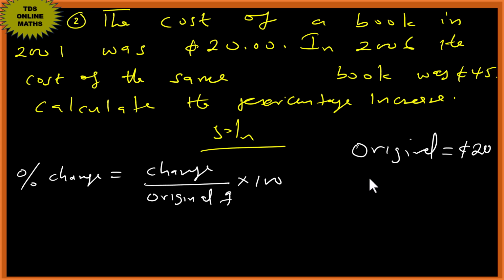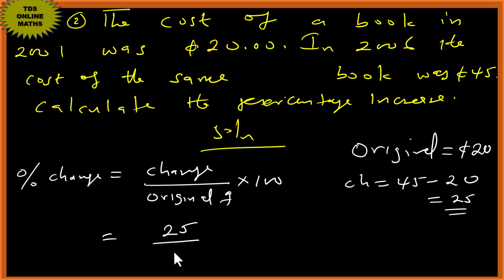The change here will be 45 minus 20, which is 25. So the percentage change is the change over the original quantity, the price in 2001, on 20 times 100.